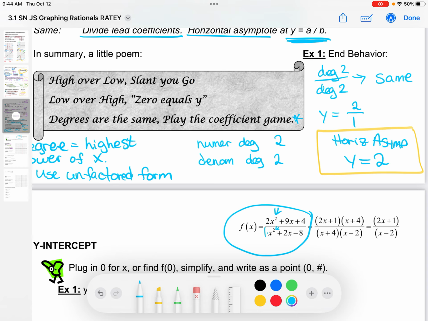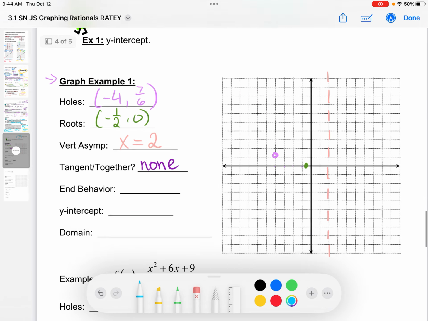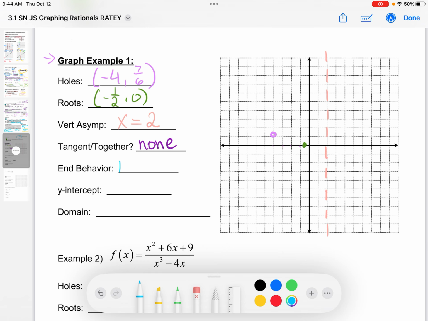Horizontal asymptote at y equals 2. So on page 4, in end behavior, HA for horizontal asymptote at y equals 2. And then sketch that horizontal asymptote at y equals 2.